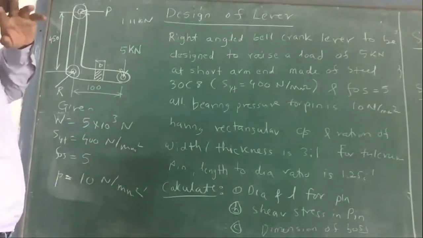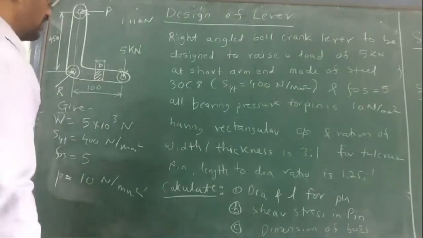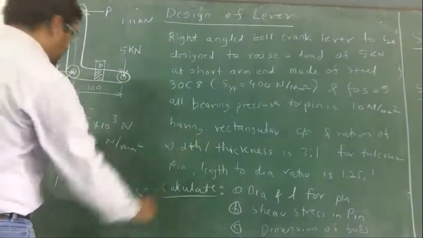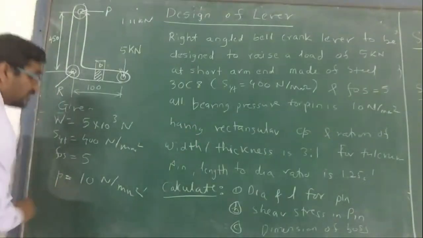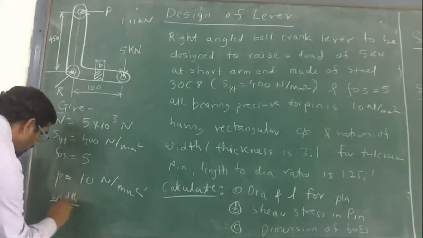Now the arm has a rectangular cross section and the width to thickness ratio is 3:1. Right, the width to thickness ratio of 3:1 is given.